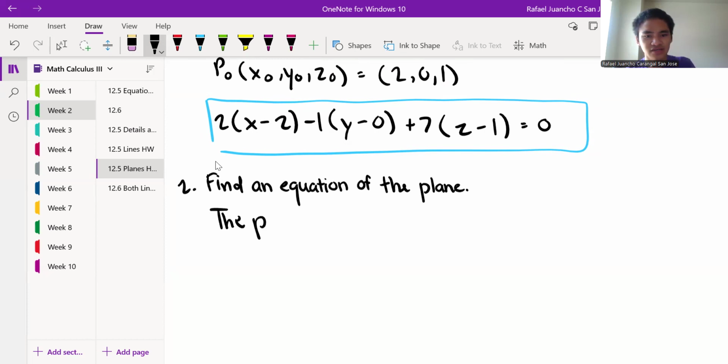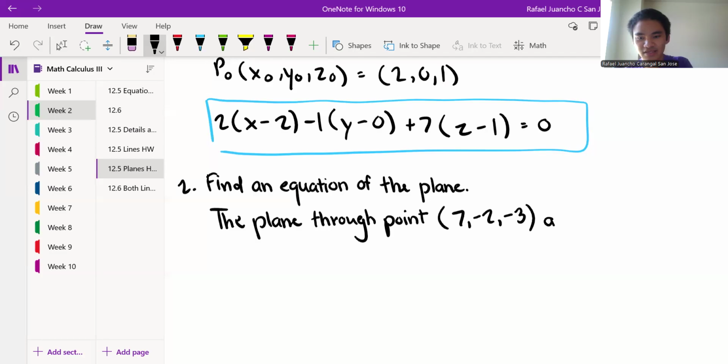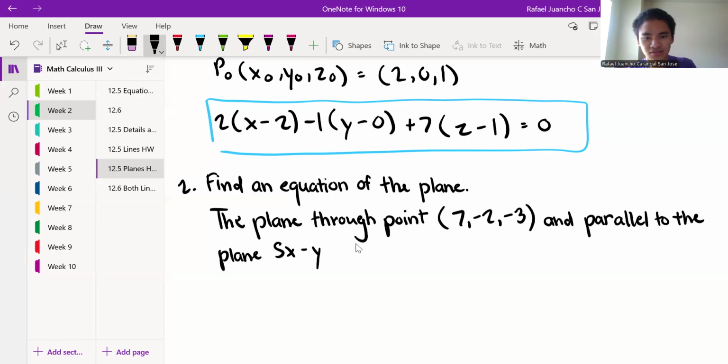Well, we're again given a characteristic of the plane: it passes through the point (7, -2, -3), and this time it's parallel to the plane which has an equation of 5x - y - z = 5.